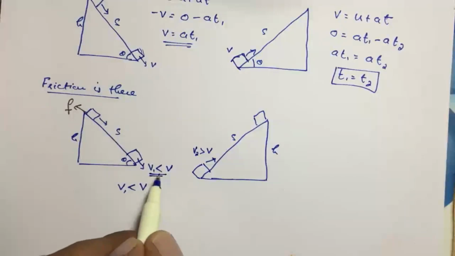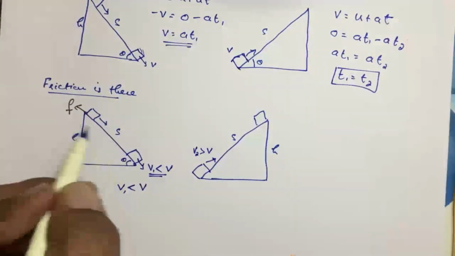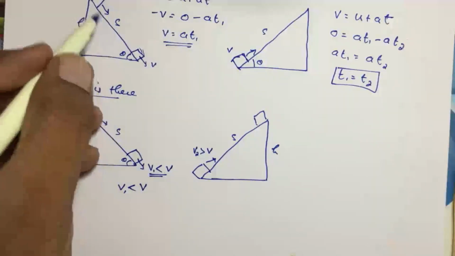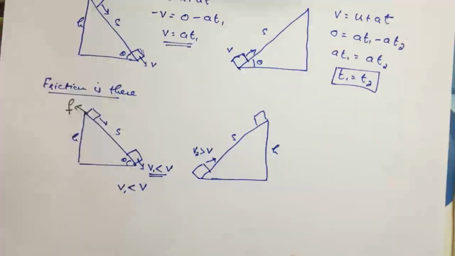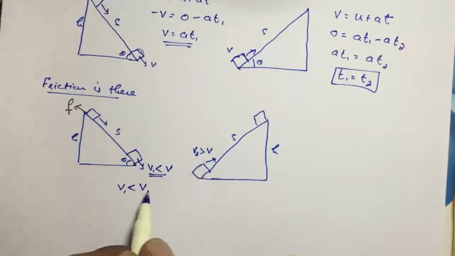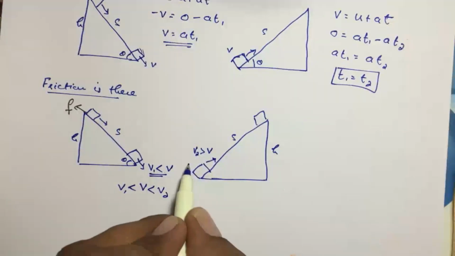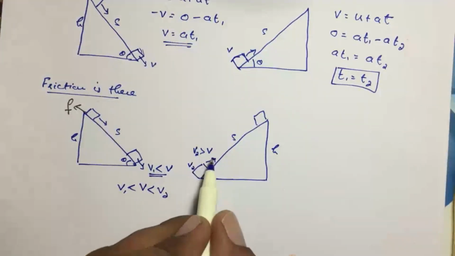Why have I written it like this? Because when it comes down, friction acts and it will not have the same velocity as in the case in which there was no friction. So v1 is less than v and v is less than v2. Why is v2 greater than v?